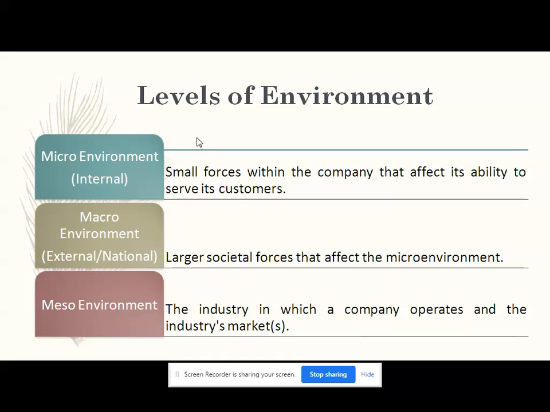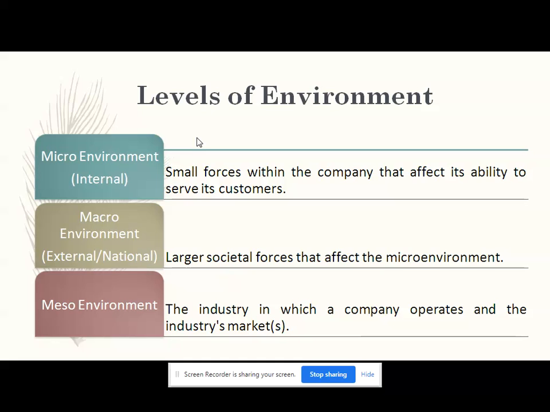Micro environment is the various small forces within the company that affect the ability to serve the customers. So these forces are part of the micro environment. These forces are acting within or inside the company. Now, what is macro environment or external environment?